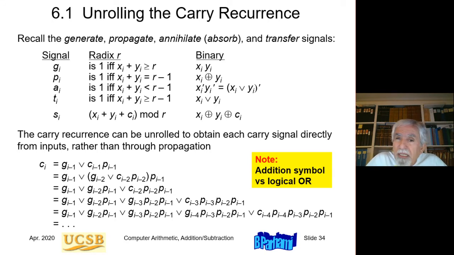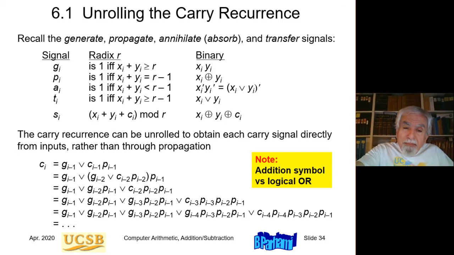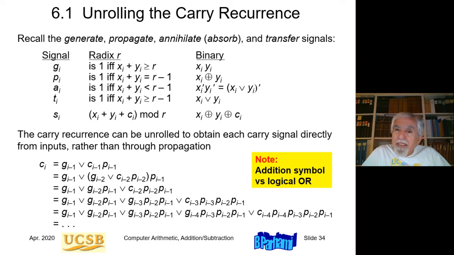If I want to design a decimal adder, once I define these signals G_i, P_i, A_i for decimal arithmetic, then the carry propagation network for the decimal adder is no different than the carry propagation network for a binary adder. Okay, so the problem is the same.